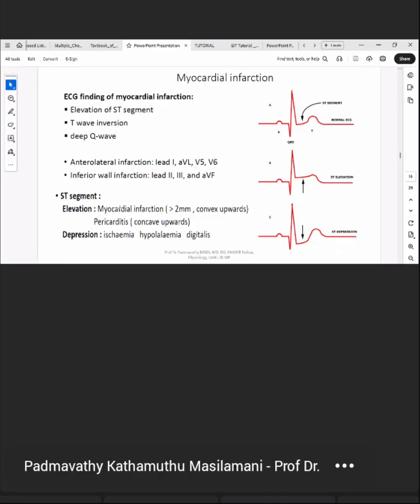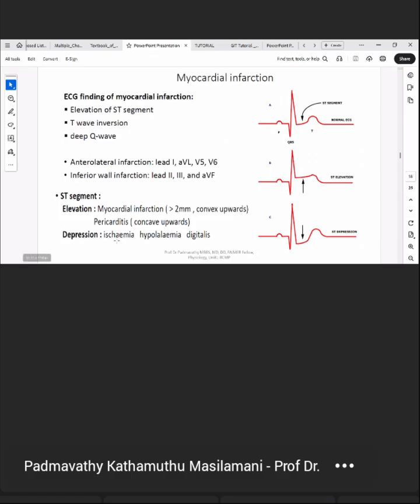And also the ST segment elevation and depression, both you can see. ST elevation you can see in myocardial infarction and also in pericarditis. When the level is above the isoelectric line by 2 millimeter, you call it ST elevation. That is mainly determined by the TP segment.